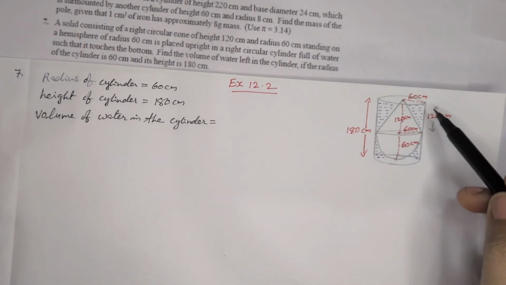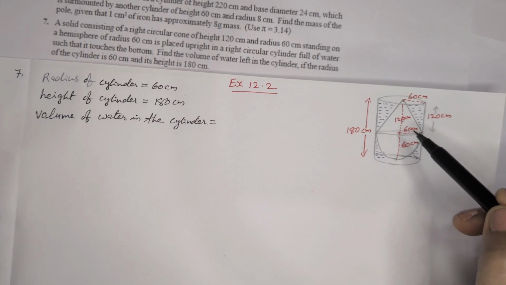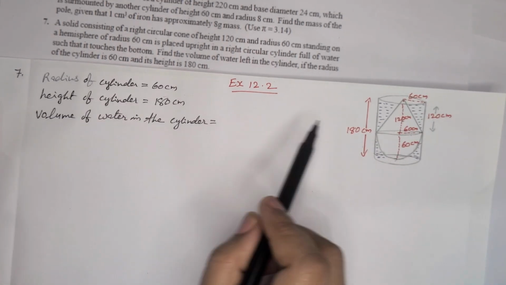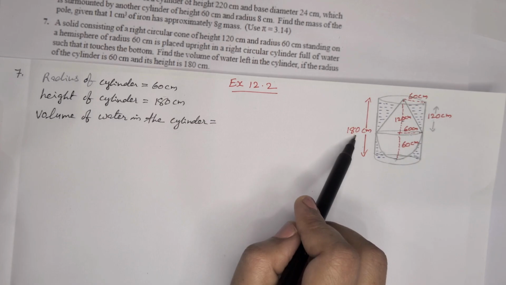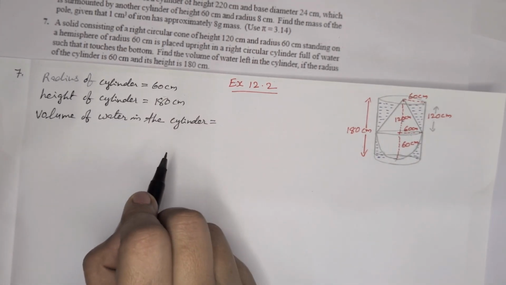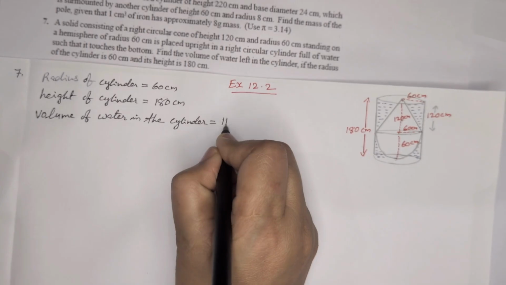So first we can calculate the volume of water in the cylinder. Radius of the cylinder is 60 cm, height of the cylinder is 180 cm. Then volume of water in the cylinder is equal to pi r square h.